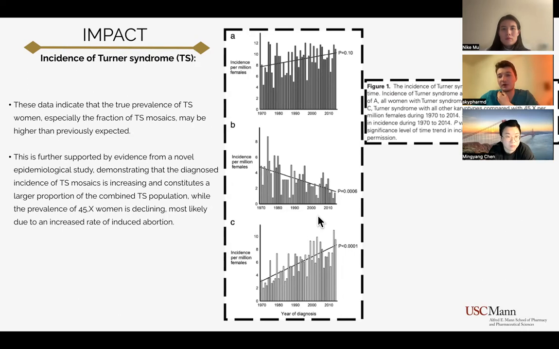Graph B was every individual with a 45,X Turner syndrome chromosome, and graph C was Turner syndrome with all other karyotypes, across individuals with only one X chromosome per million females during 1970 to 2014. As you can see, the majority of these graphs imply that Turner syndrome has been on the rise from the early 1970s to about the late 2010s.